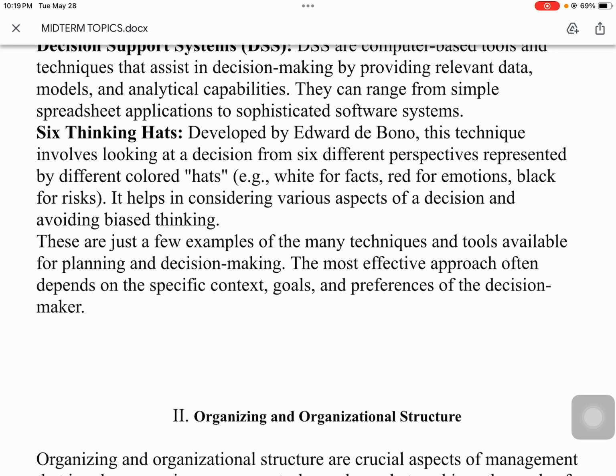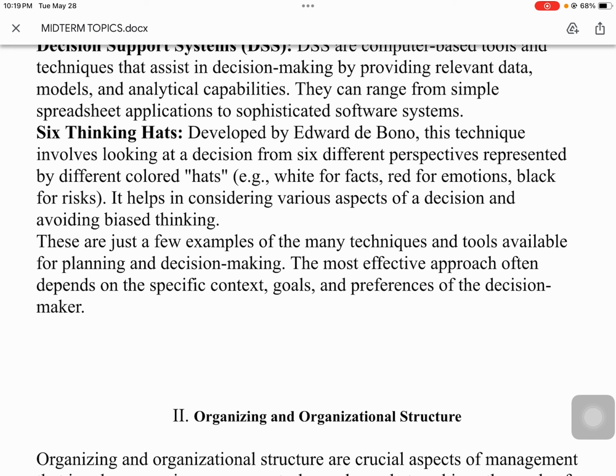It helps in considering various aspects of a decision and avoiding biased thinking. Okay? So, ang purpose ng six thinking hats is to consider different perspectives in decision making, or gina-consider natin ang iba-iba nga mga perspective or iba-iba nga mga point of view kang imong taho when it comes to decision making.